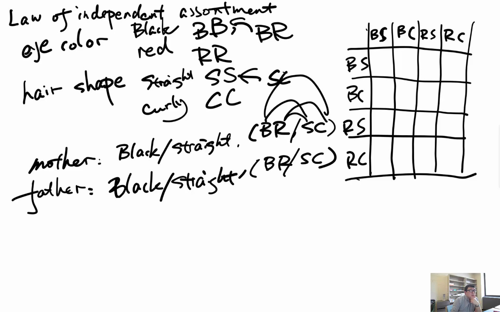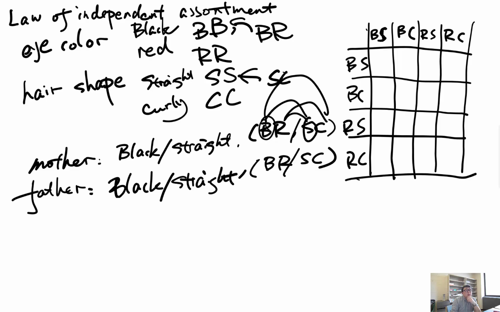So the question is, do you think this B allele can always associate with the S allele? If B is always combined with S, then BS has a much higher chance of combining together.